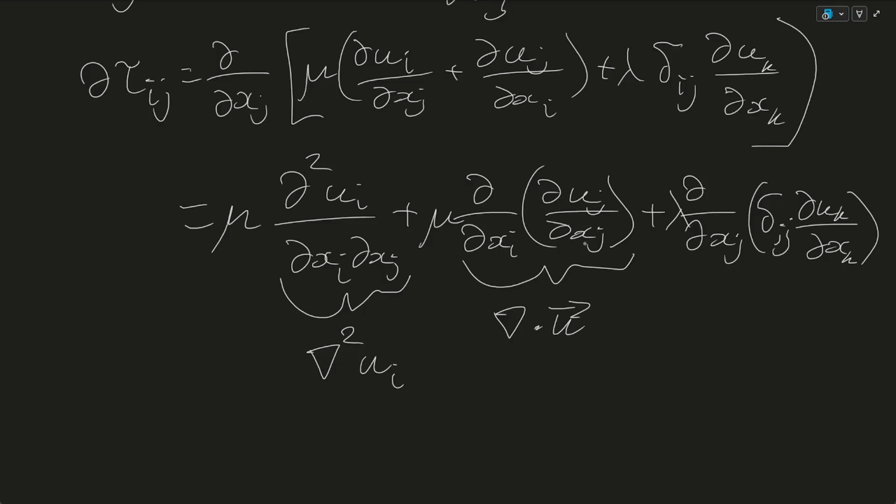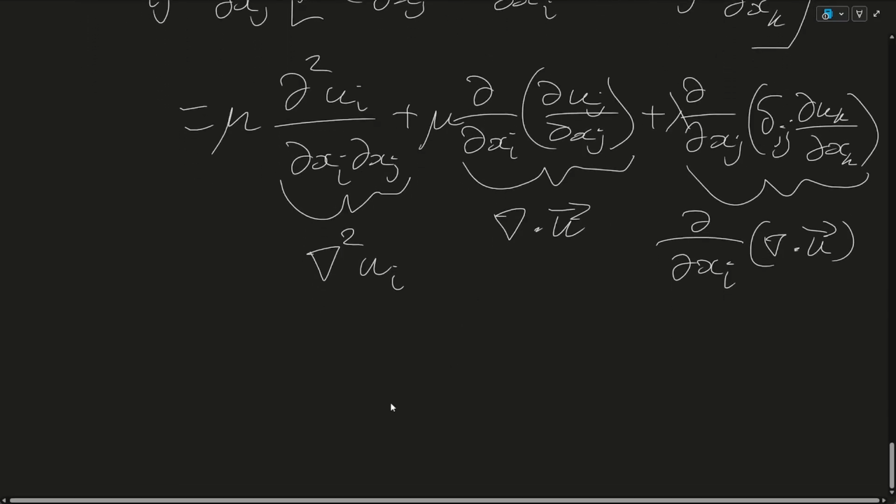Excuse me. And so this just becomes the xi-th derivative of the divergence. So that's i of that. That is, yeah. Okay, good.